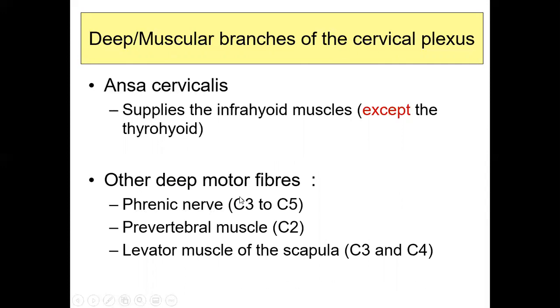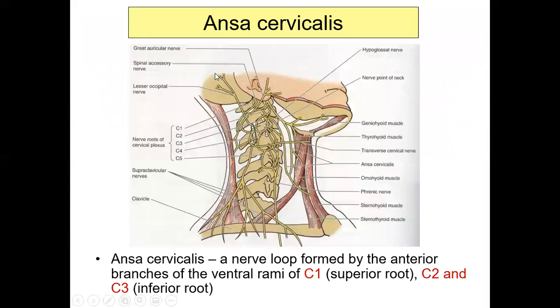We have the phrenic nerve, which arises from C3 to C5, and the prevertebral muscles supplied by C2, C3 and C4 nerve roots, and the levator scapulae. These are the deep motor fibers that arise from the deep or muscular branches of the cervical plexus. If you see here, this is the phrenic nerve.